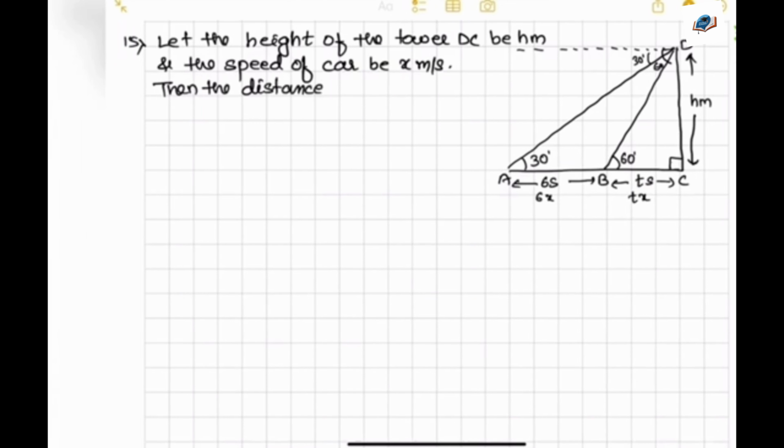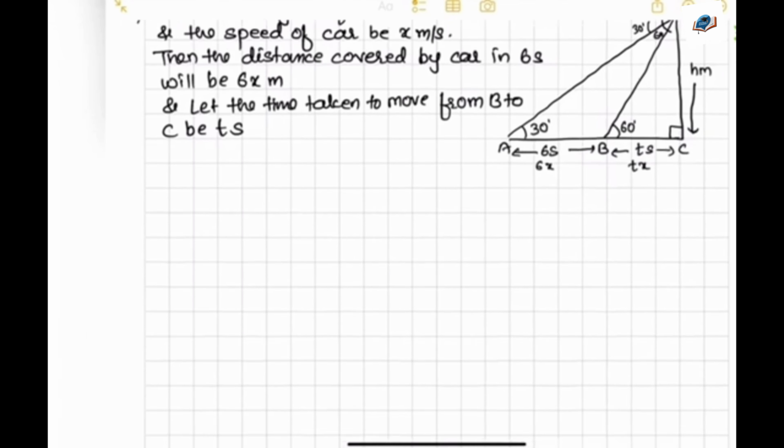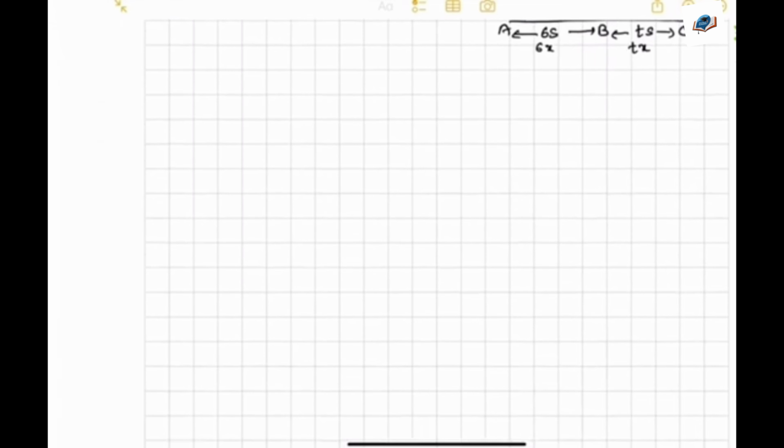Then the distance covered by car in 6 seconds will be 6x meters, and let the time taken to move from B to C be t second.